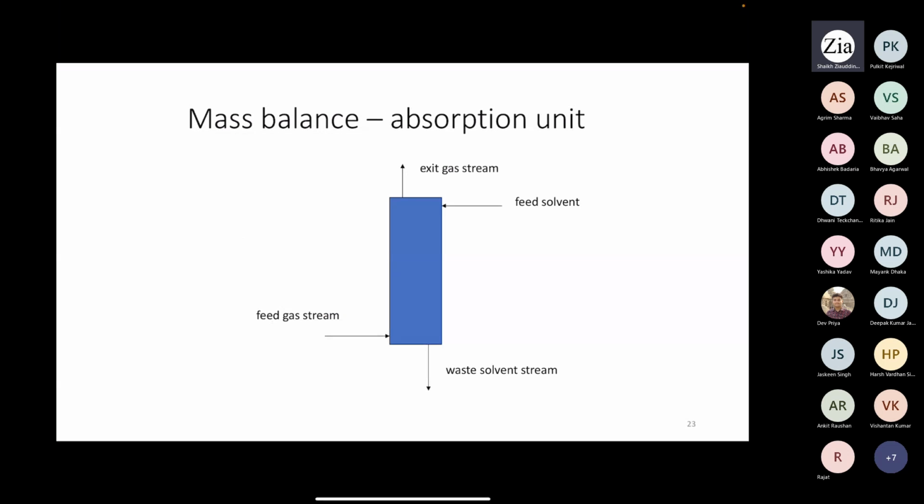Now another unit that is also very common is for fluid separation, either gas separation, or gas and liquid separation, like when two different gases are there. So fluid separation means gas separation or gas liquid separation, which can be done using an adsorption unit. You have a column packed with certain adsorbent, and these adsorbents are very specific to certain compounds.